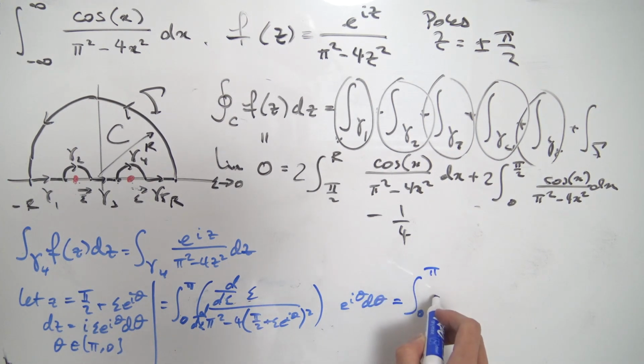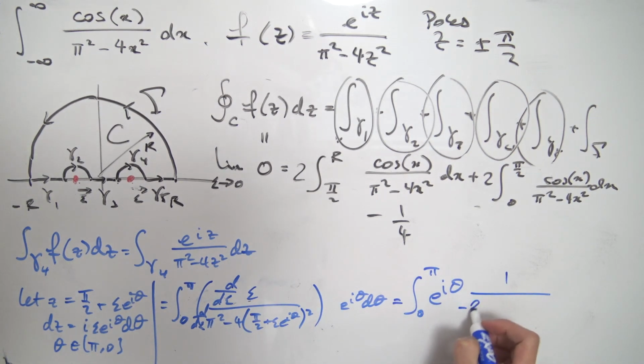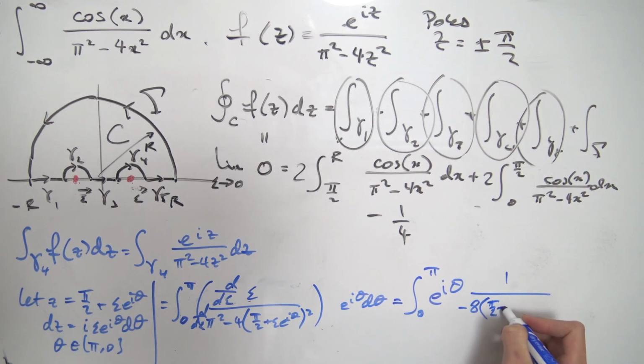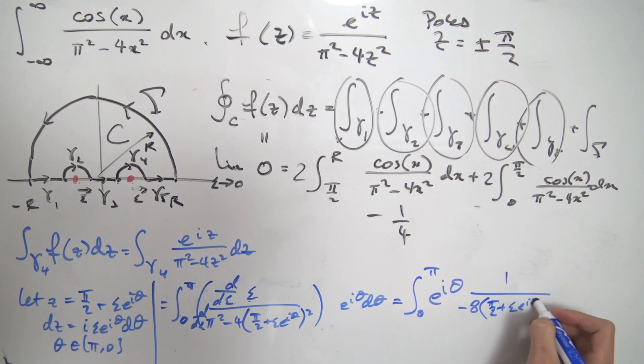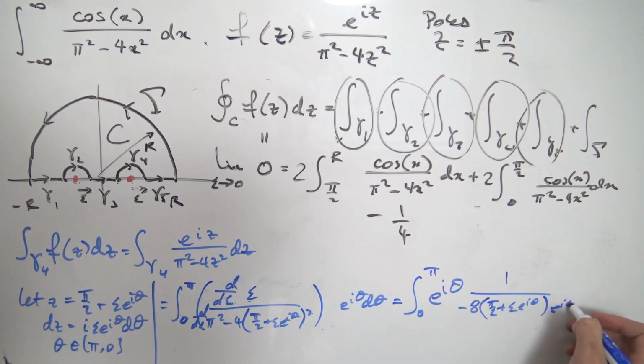I'm going to write this first, so e to the i epsilon. Derivative of the top, that's 1, over derivative of the bottom, that's going to be minus 8 times pi over 2 plus epsilon e to the i theta. So that's the derivative of the outside, just bring this 2 down, and then derivative of the inside again is e to the i theta. Then we still have our d theta.